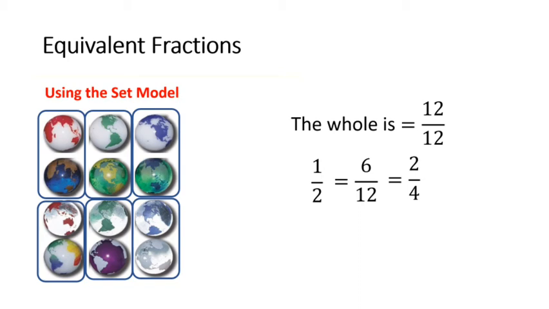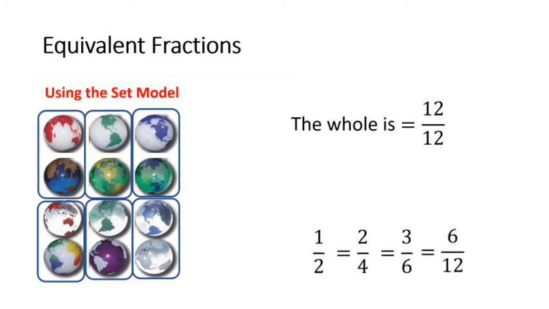Then dividing it like this would mean that 3 out of 6 of these sets also represents a half. So that 3/6 is also a half. If we were to rearrange this in ascending order, then we will have a half is equivalent to 2/4, which is equivalent to 3/6, which is equivalent to 6/12.